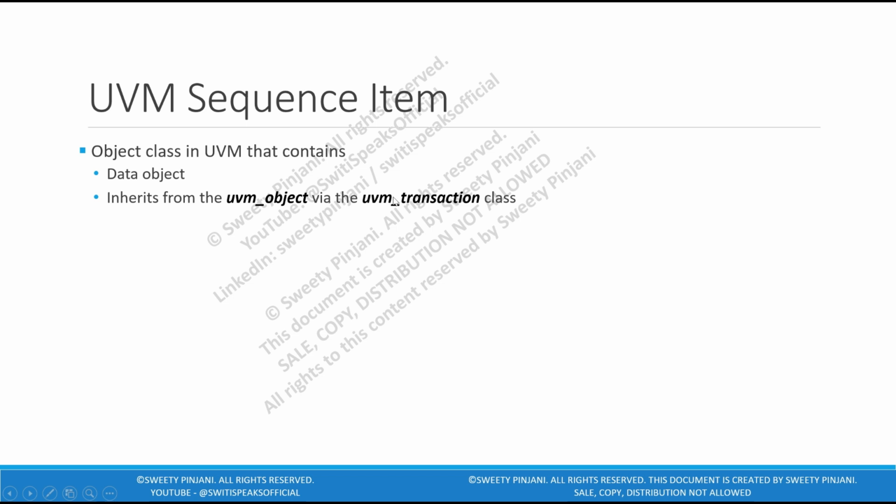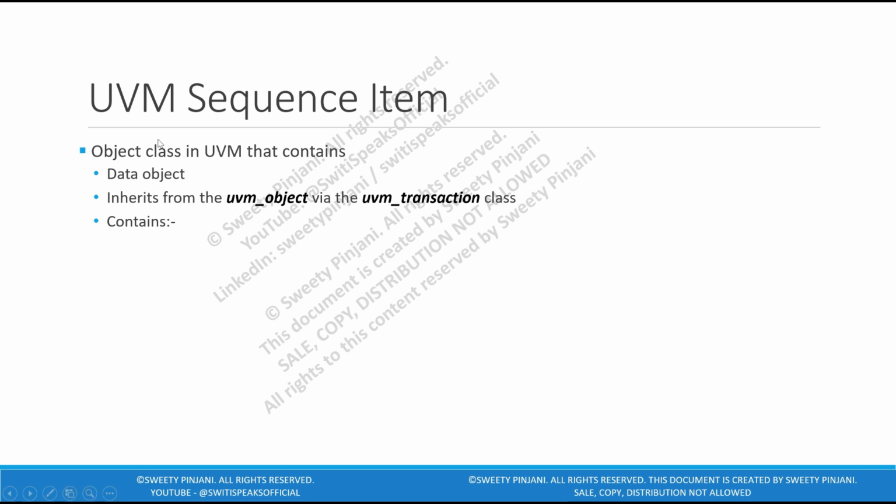It means your sequence item is extending the UVM transaction class, and this UVM transaction class in turn extends the UVM object class, which means indirectly your UVM sequence item is extending from UVM object via the UVM transaction class.